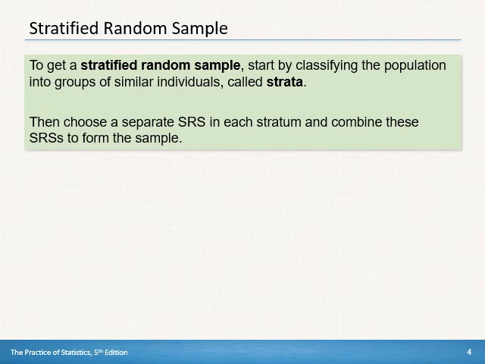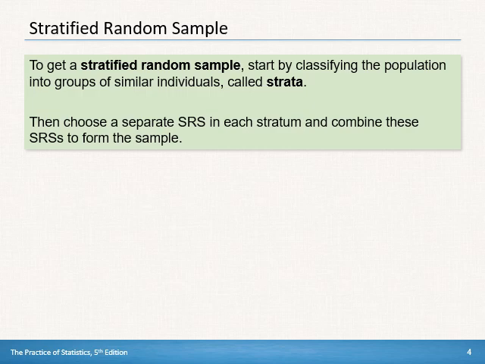So for a stratified random sample, first you're going to break the population up into subgroups, or what we refer to as strata. Everyone in those subgroups should be similar in some way, like maybe age, right? I don't want to just take a simple random sample of the population because I may not get enough old people in my sample.